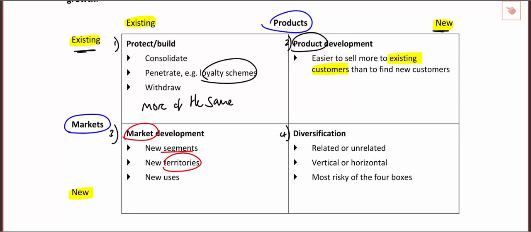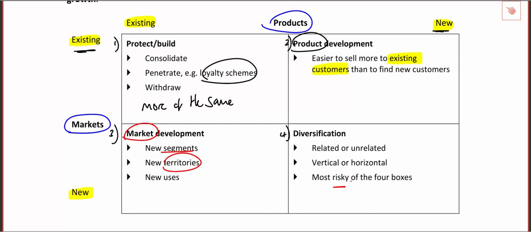Quadrant 4 then is the riskiest of the 4 options. So with quadrants 1, 2 and 3, so protect and build, product development or market development, there's an element of the known there. So either we are selling the same product as always, or we're selling to the same people as always, or in fact both of those things. Diversification says, well, let's launch a new product in a new region.